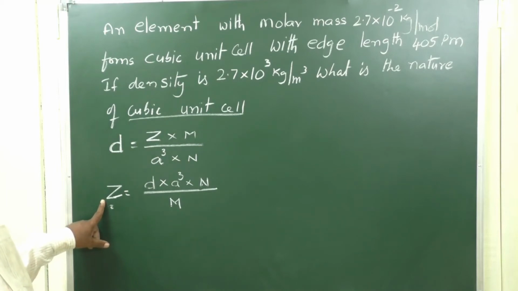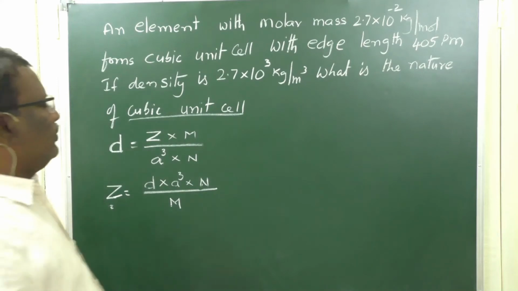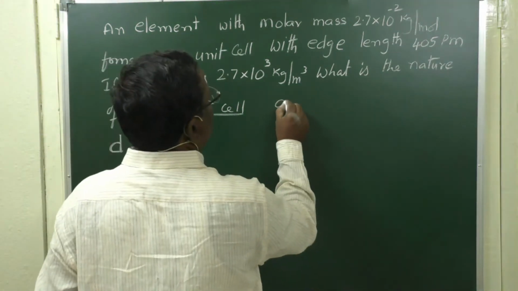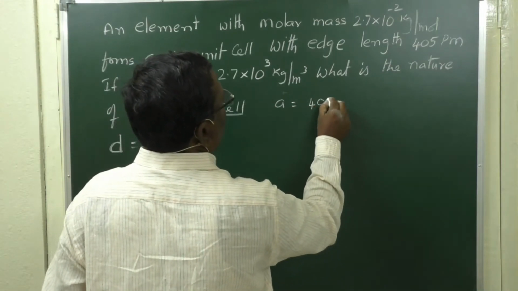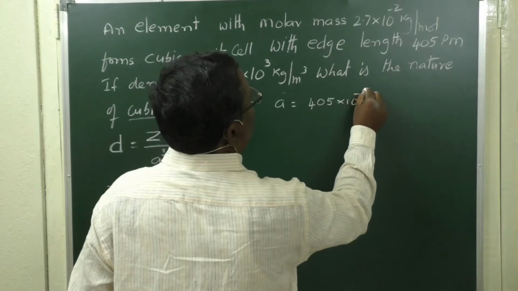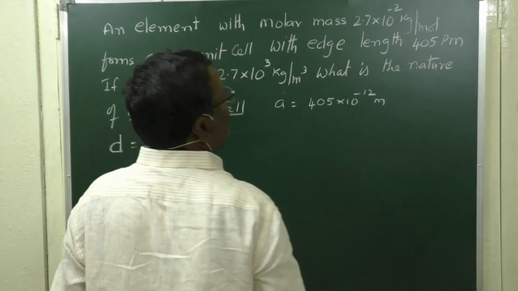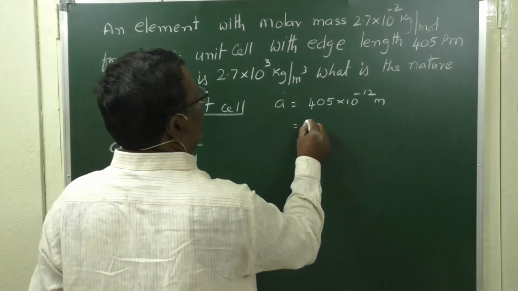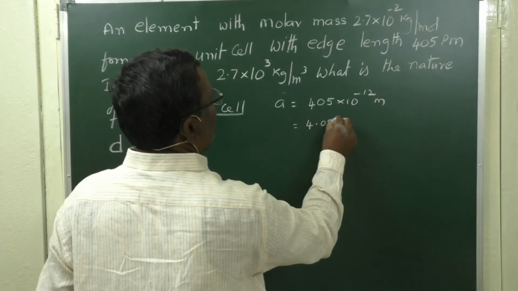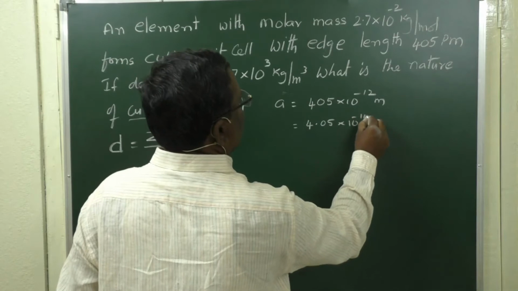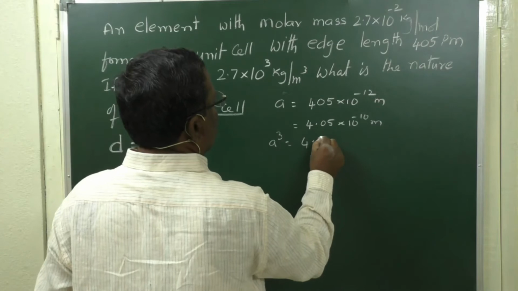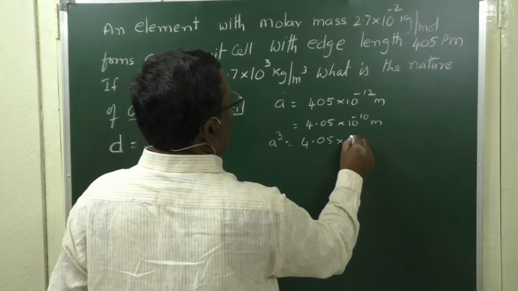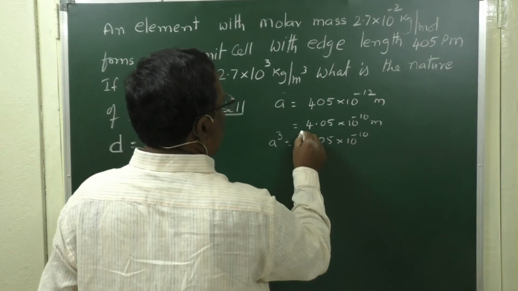So here the volume of the unit cell is A cube, volume V is equal to A cube. A is equal to 405 into 10 to the power minus 12 meters. Picometer means 10 to the power minus 12, or we can write it as 4.05 into 10 to the power minus 10 meters. Therefore, A cube is equal to 4.05 into 10 to the power minus 10, whole cube.